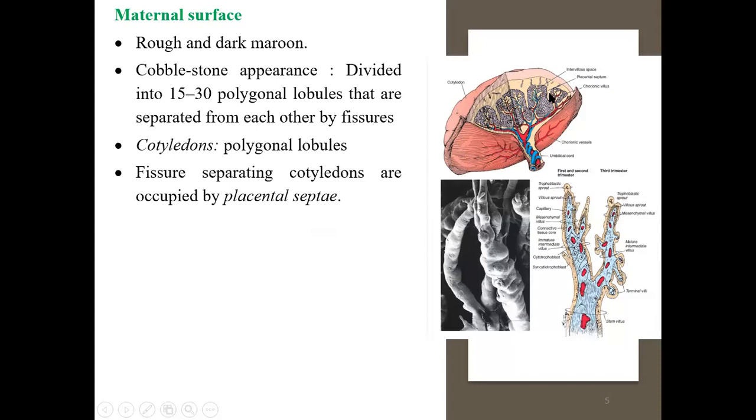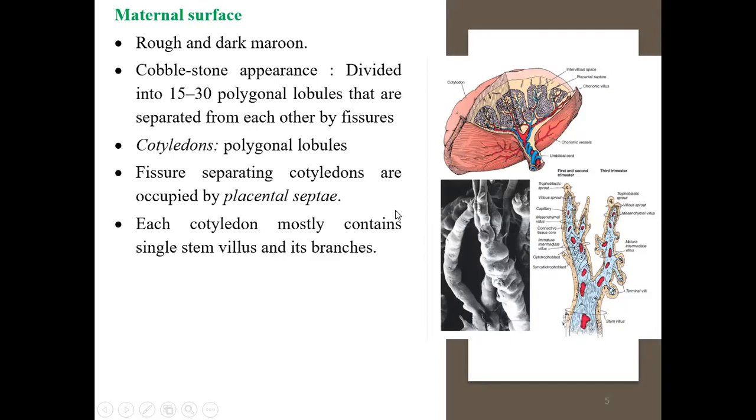You can see these are the placental septa dividing each lobule or cotyledon, and each cotyledon mostly contains a single stem villus along with its various branches. So this is the main umbilical cord. From here the umbilical arteries are branching. They are forming these different stem villi, and one cotyledon will have one stem villus with its branches.